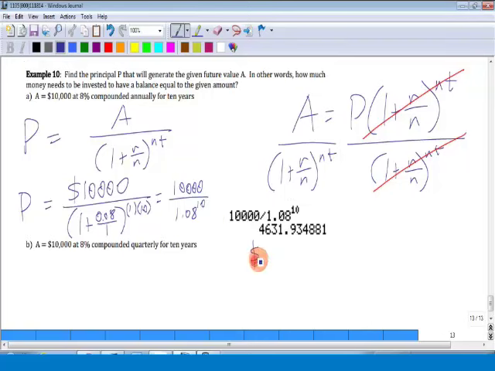So what we're looking to invest right now is $4,631.93. Again, maybe 94 cents just to be on the safe side since we're rounding here.